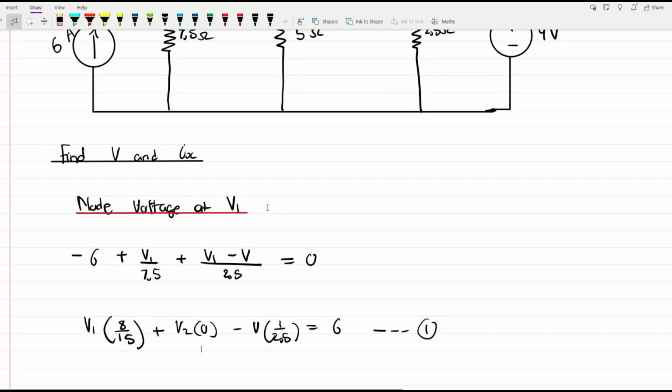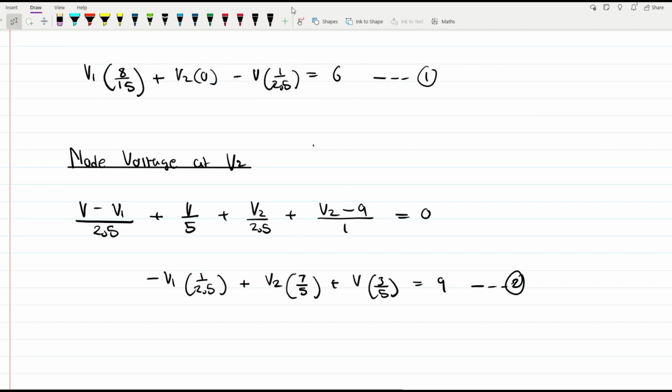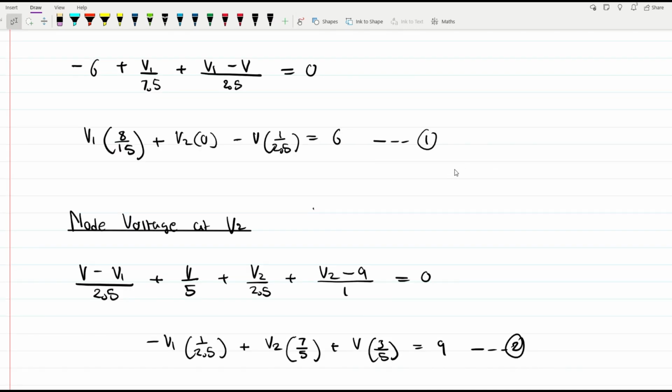So let's try to solve that. But this is not going to work since we have 3 unknowns, 2 equations. So we need 3 unknowns, 3 equations. So we do not have the third equation. So this is not going to work.